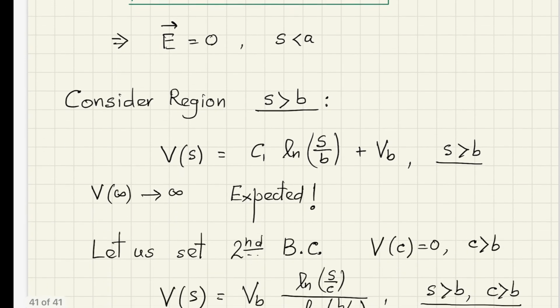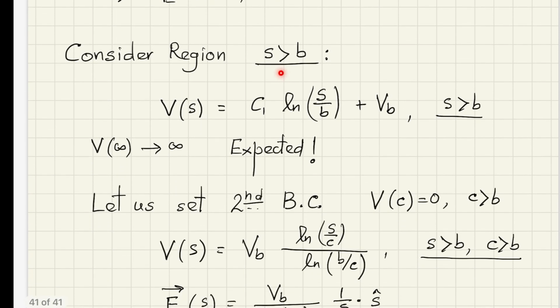Okay. Now let's consider the region S greater than B. Now go back to the original solution, C1 ln S plus VB, S greater than B. Now again, V at infinity going to infinity is expected. Why? Because we have a long cylinder going to infinity. And hence, we have to do a trick. Let us set a second boundary condition.